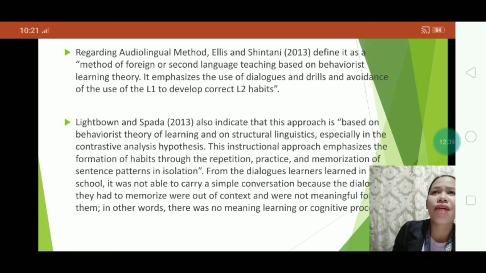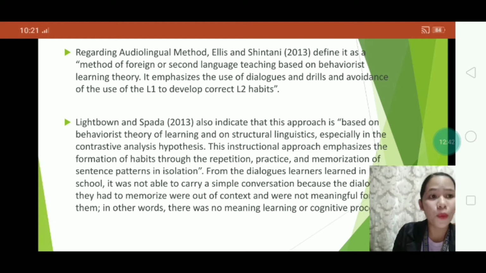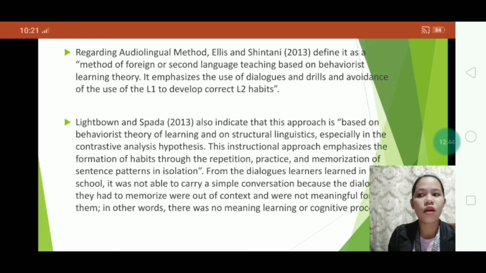However, if that child only knows one language, specifically English, as I have observed in this type of learner, they find it hard to speak in other languages like Bisaya, Tagalog, or Filipino.